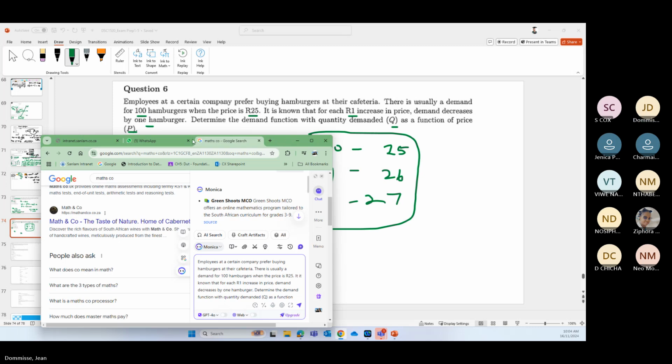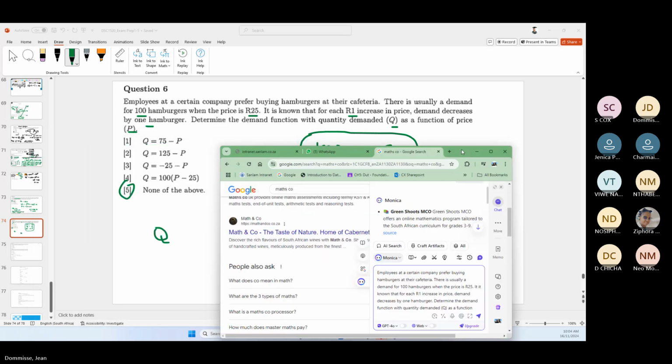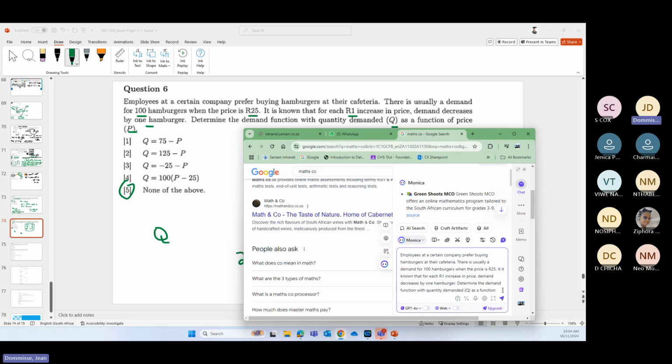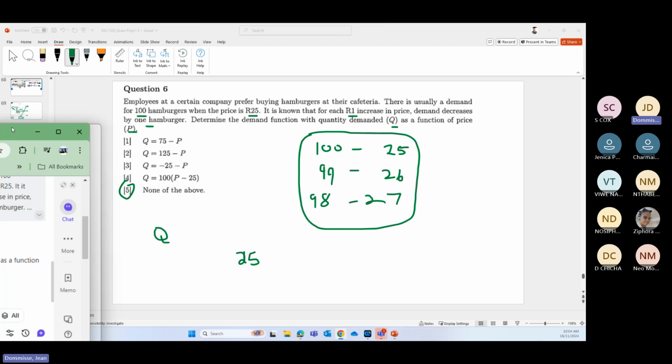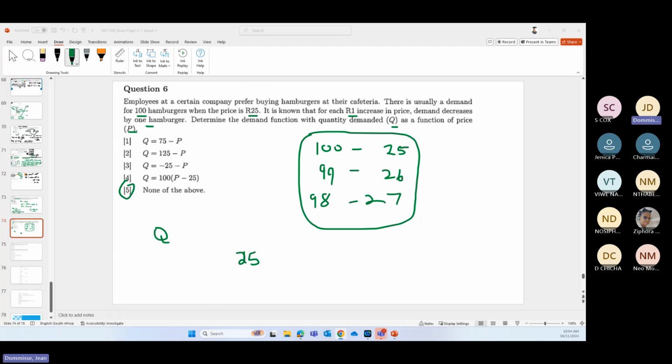Yes, so that is what I would have done, is to write down a demand function first. While that is running, let's quickly see. So what would your demand function have been?